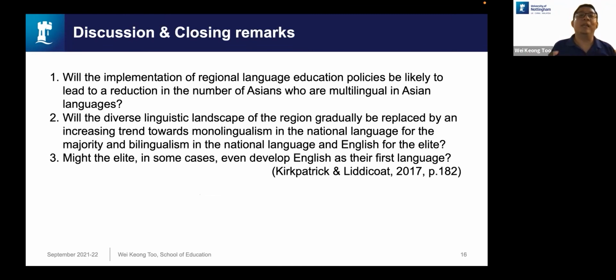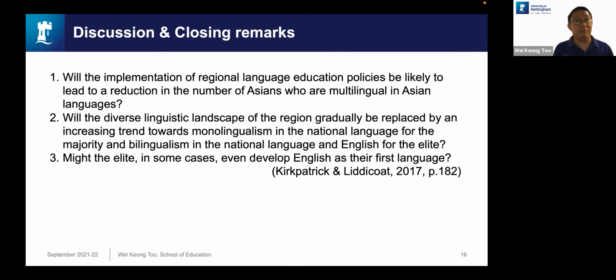So for my closing remark, I would like to use three questions that Kirkpatrick and Liddicoat asked in 2017 of all readers about language policies in Asia. One, will the implementation of regional language policy be likely to lead to a reduction in the number of Asians who are multilingual in Asian languages? Two, will the diverse linguistic landscape of the region gradually be replaced by an increasing trend towards monolingualism in the national language for the majority, and bilingualism in the national language and English for the elite?